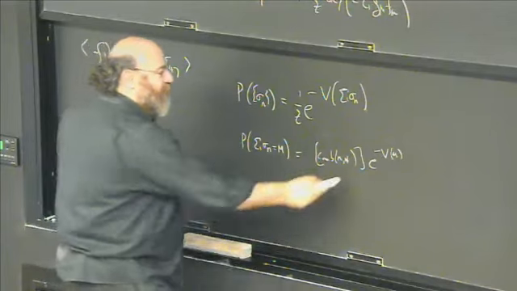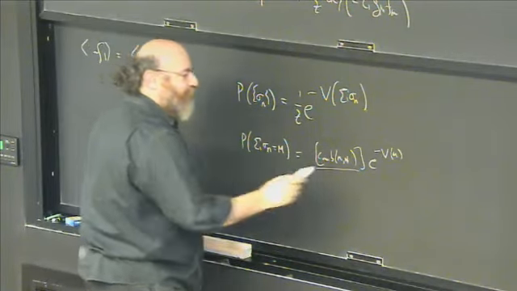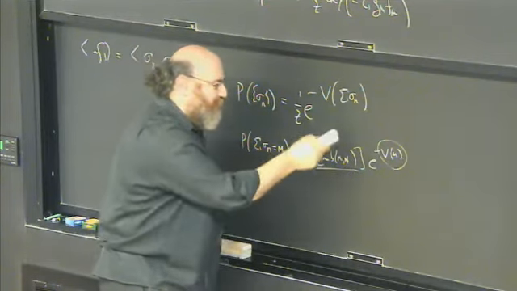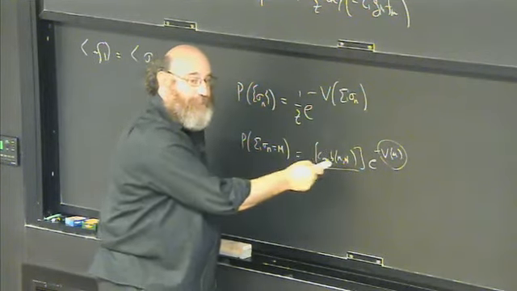And since I can compute this combinatorial factor, I can determine what this is. But of course, this combinatorial factor is, up to taking a log, the entropy associated with that particular energy.